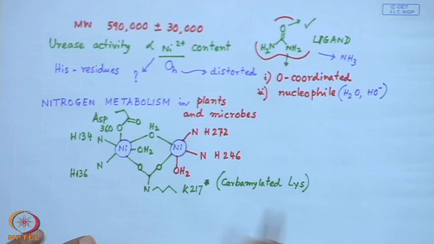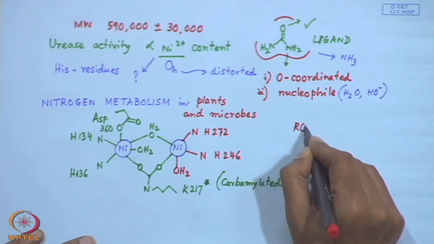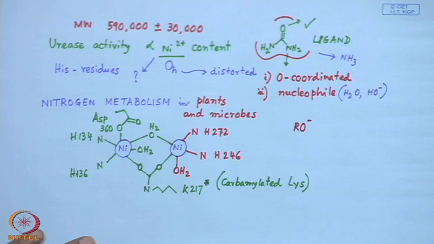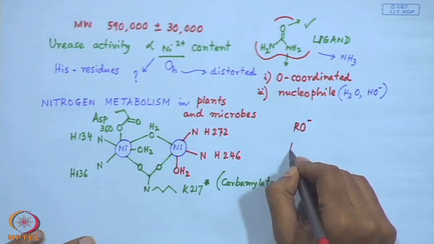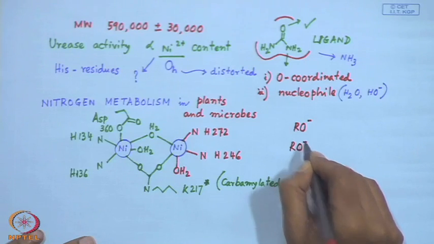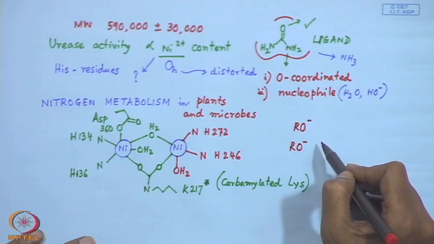So, these are some unique transformations in living systems, if you have a free NH2 end. Or sometimes in synthetic molecules, what we find is that if you have RO minus, any alkoxide group, this alkoxide group can bridge 2 metal centers like hydroxide and oxide.